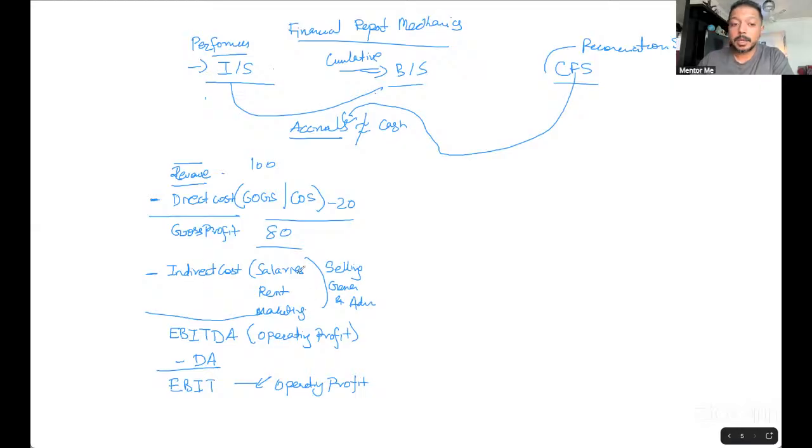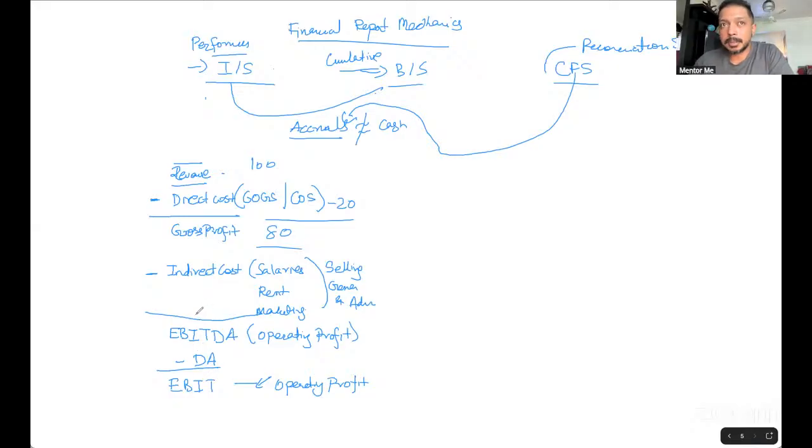As I told you, if you start taking unsustainable expenses out here, like you are paying huge salaries, you are taking up new places which are very high on rent, and you're not looking out for opportunities of reducing your costs, if you're spending huge on unsustainable marketing, eventually what happens? The EBITDA margins will drop.